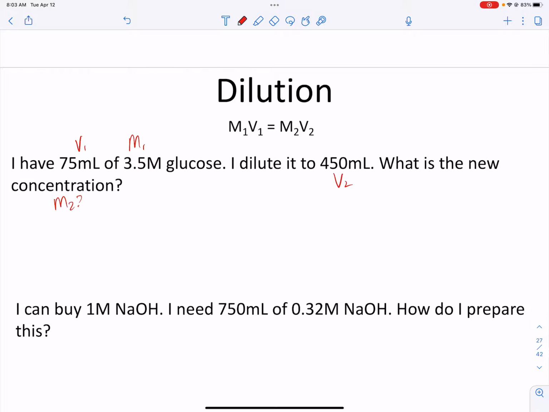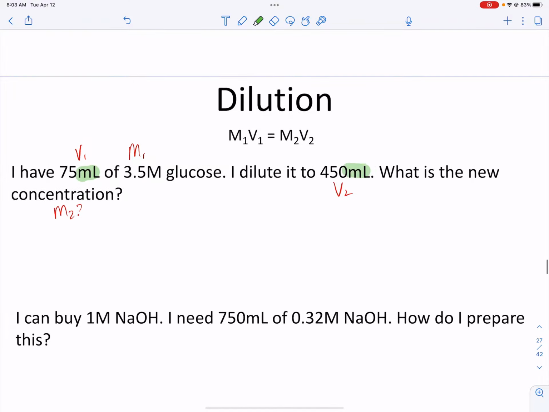Now, notice units of volume are both milliliters, so we're good here. We don't have to convert anything. We can just plug it all in and solve for M2. So 75 milliliters times the 3.5 molar, and you do not have to write out moles per liter. You can just plug in M. Is going to be equal to M2, because that's what I'm looking for, so I don't know what that is yet.